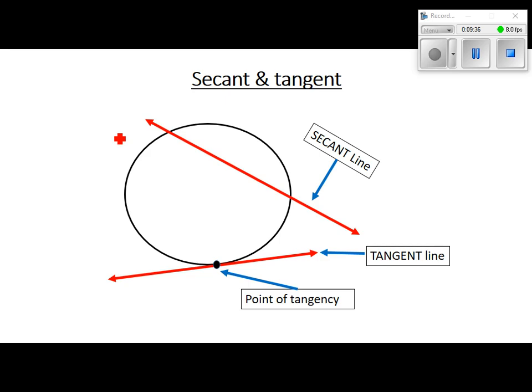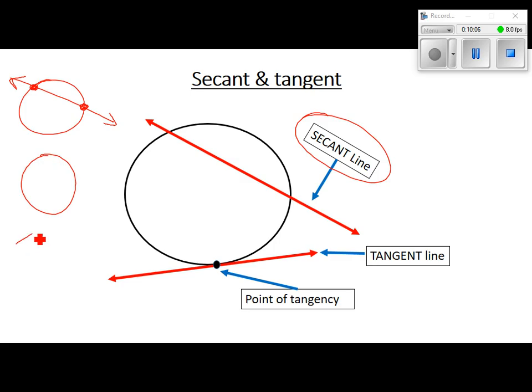All right, stuff that we're going to use today. Fill in what you need to fill in on this. This is just some basic terminology. If you have a circle and you got a line that cuts through that circle, that's called a secant line. So it cuts through the circle, it hits the circle in 2 spots. It's called a secant line. You have a circle, and you have a line that touches the circle just at one point. That's called a tangent line.